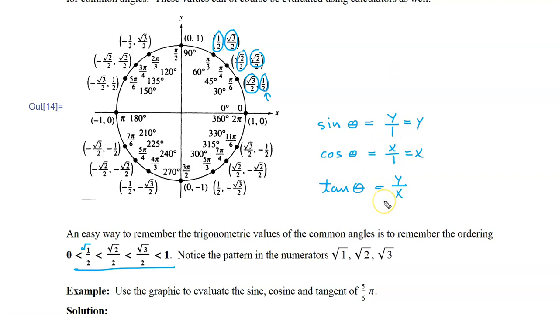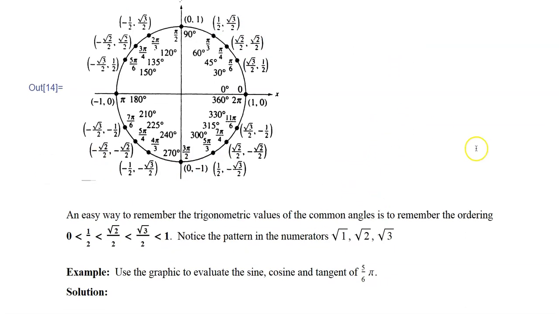Now let's take a look at this example down here. Let's use this graphic that we have above to evaluate the sine, cosine, and tangent of 5/6 pi. Well, we see right here is 5/6 pi on our graphic, and so the sine of 5 pi over 6, we can just read that right off from the unit circle.